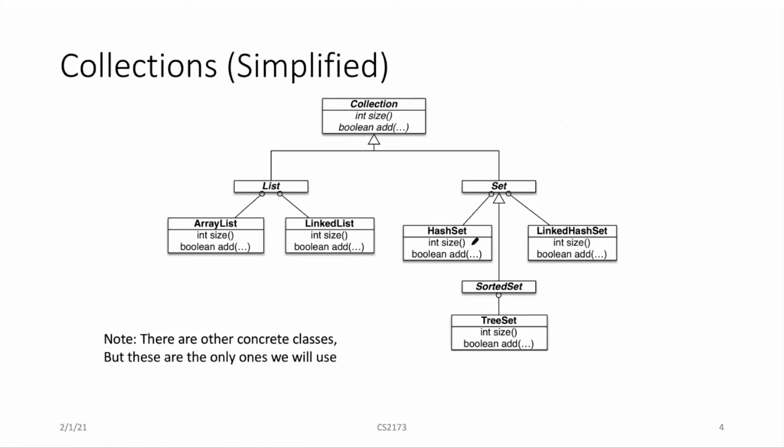At the very bottom are 5 concrete classes: an array list, a linked list, a hash set, a linked hash set, and a tree set. The book talks about a number of other ones, including queues and stacks and other kinds of things that we won't be touching on, because these 5 here cover all of that. So the book has ones that we're not going to be covering.